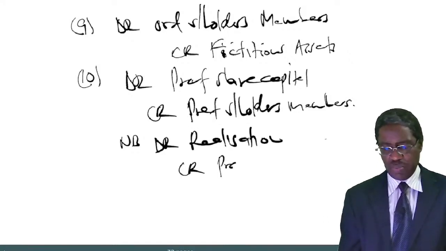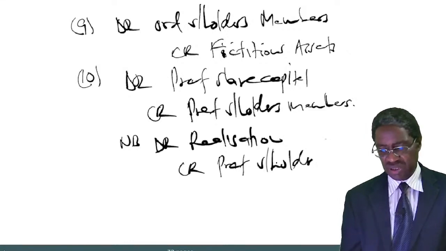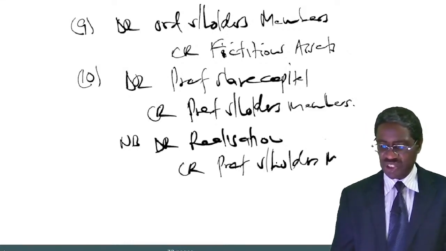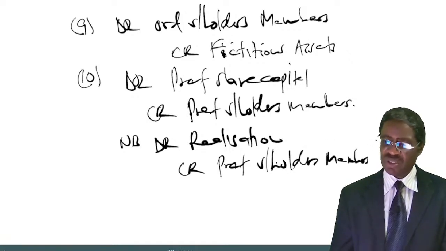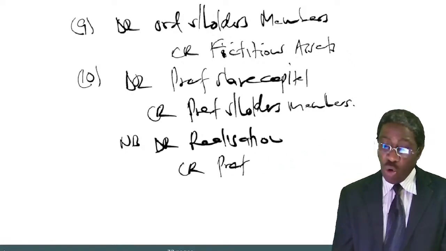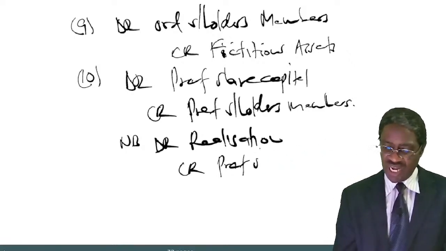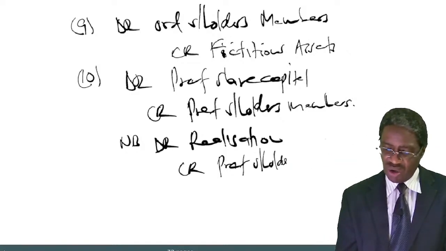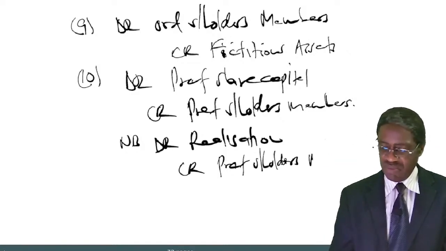Credit preference shareholders members. Debit preference share capital, debit realization, credit preference shareholders members. Remember, this is an amount you owe to them. Take it to their liability account, which we are calling preference shareholders members.